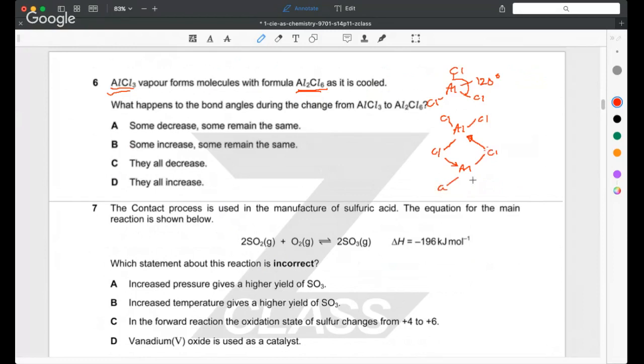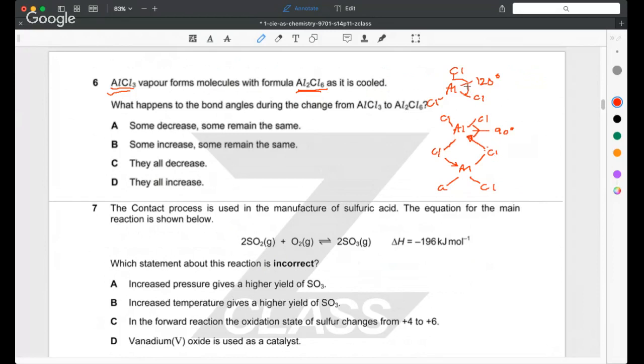Okay. So at this point, you can see that the aluminium is now surrounded by 4 chlorine atoms in the dimer, same here. All right, and so that bond angle now is square planar. So that bond angle there is 90 degrees, isn't it? All right. And if you go round each of these bond angles now, where you have chlorine, aluminium, chlorine, chlorine, aluminium, chlorine, wherever you go, they're all 90 degrees.